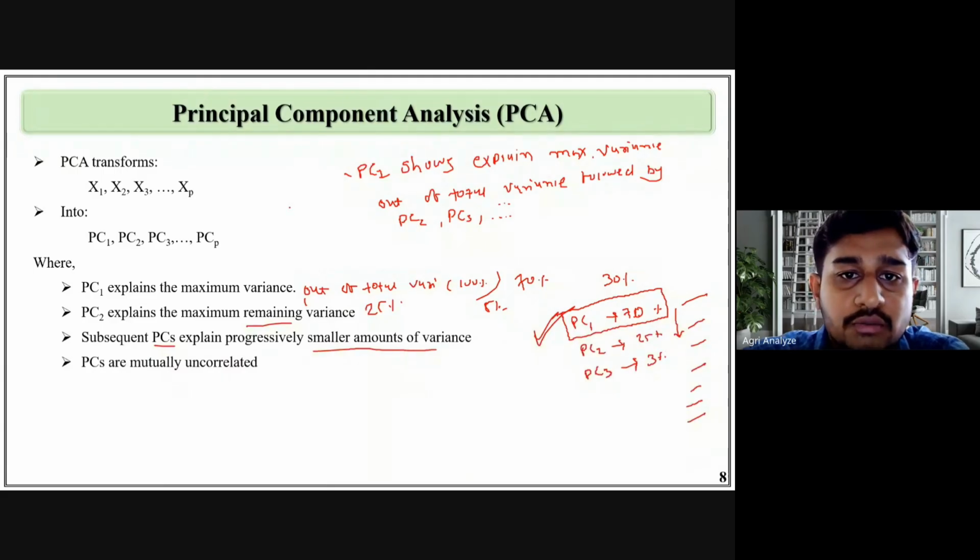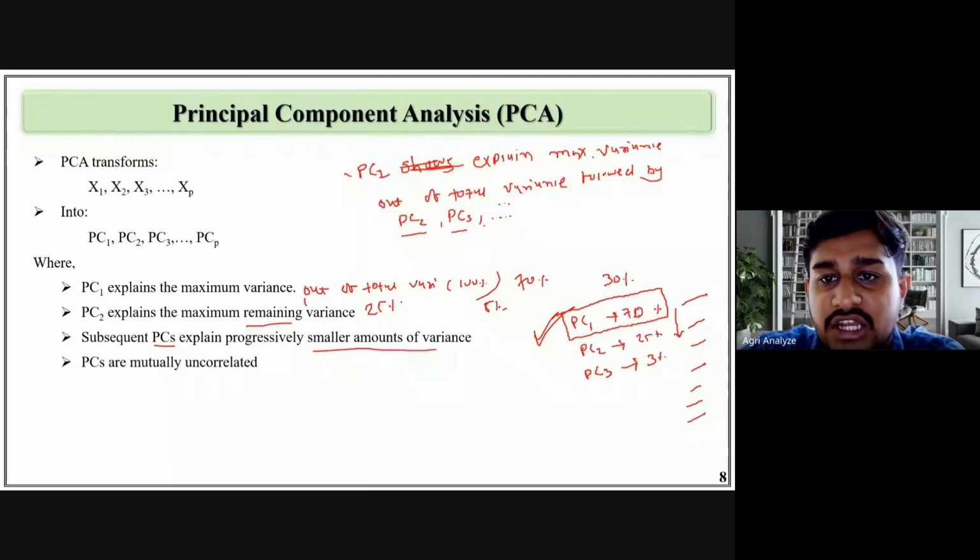In some exams, this question was repeatedly asked: PC1 explains, here explain is the better word, the maximum variance out of total variance, followed by PC2 and PC3 and so on.